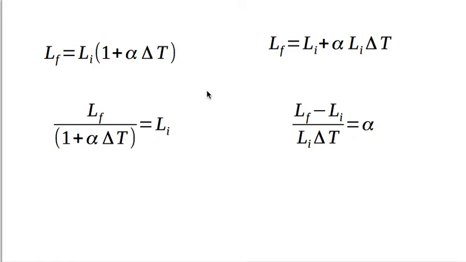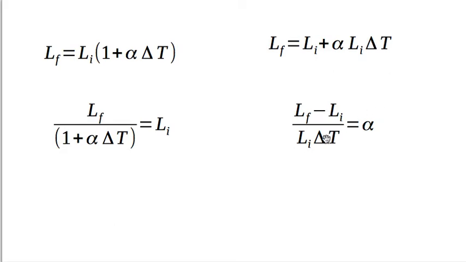And that's Li. Now what if I want to do alpha? Well, this equation, I got to change it to this form in order to get a better way to clear for alpha. And as you can see, alpha is the coefficient of thermal expansion, right? So what I have to do first is this Li, it's being added, I gotta subtract it. So that's why we have LF minus Li. And then this Li times delta t is still there multiplying the alpha.